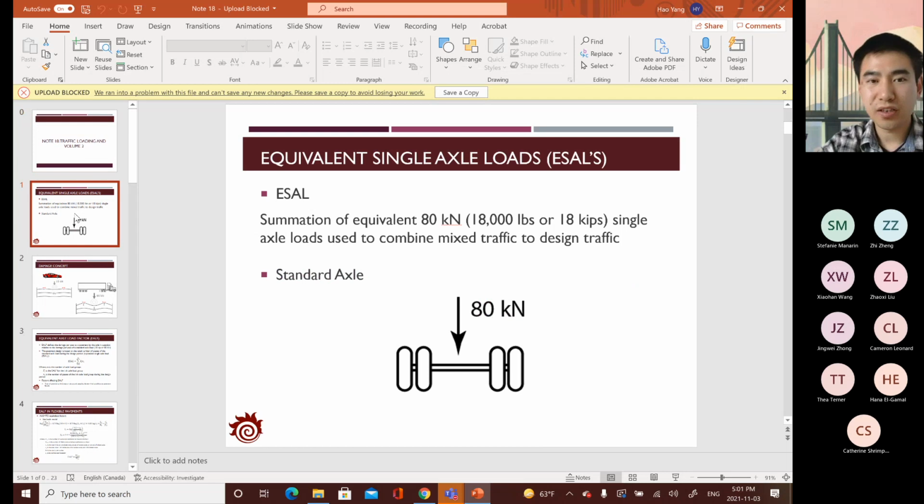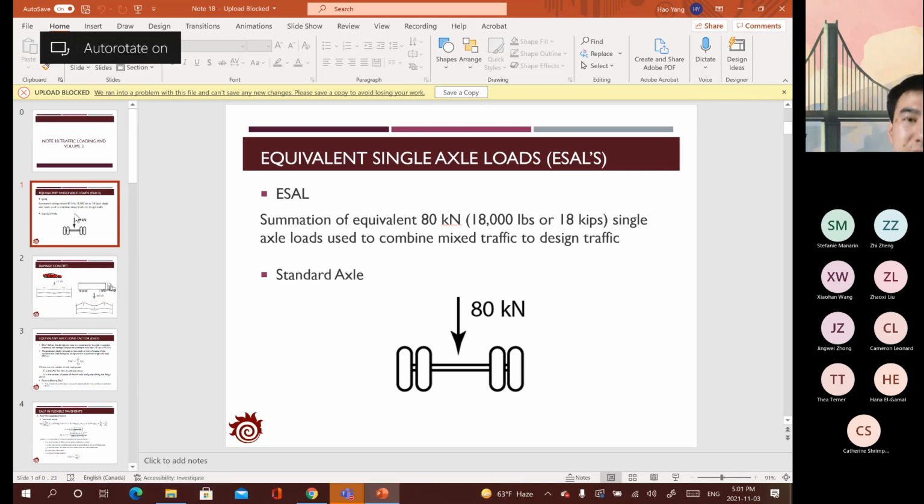Well, we need to think about or define a new variable, which is called the equivalent single axial load, ESWL. This is the most common criterion or variable that we're going to use to measure the traffic. First of all, I'll give you a brief definition.